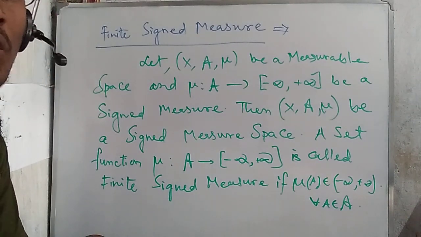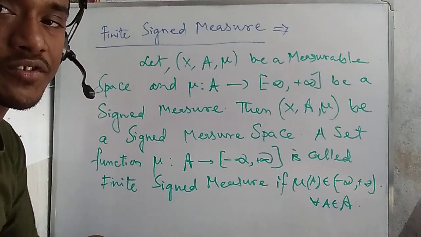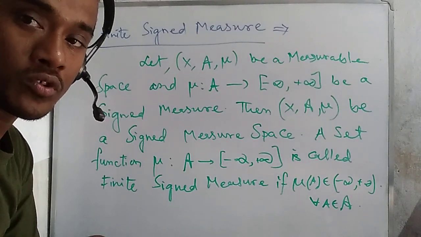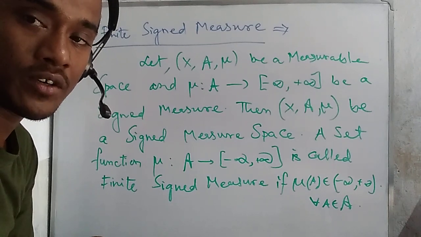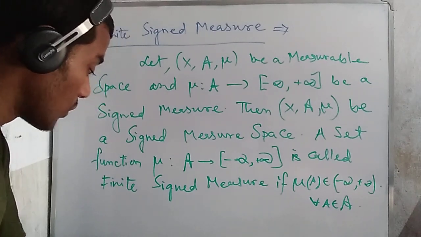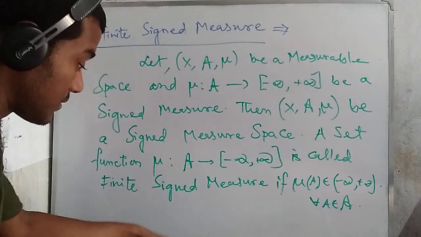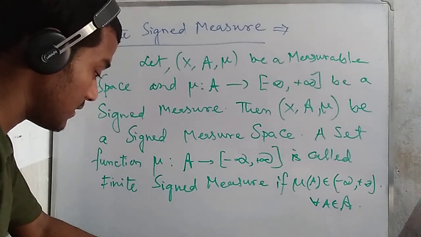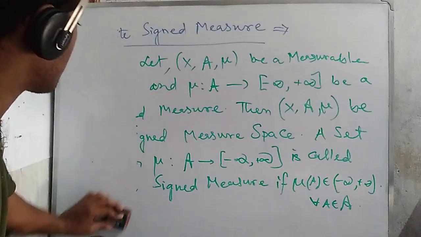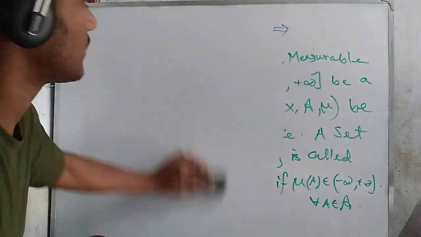So we also write this definition of finite signed measure. That means the resulting value of the measure belongs to the open interval (−∞, +∞). Now we're going to write some examples of finite signed measure.